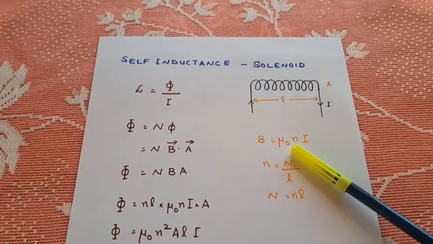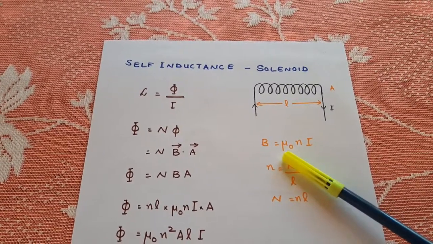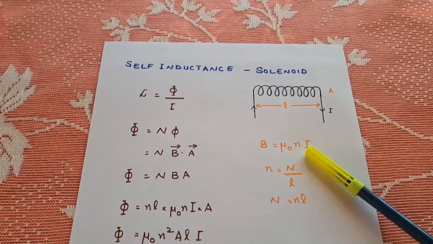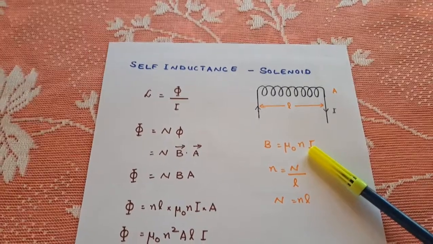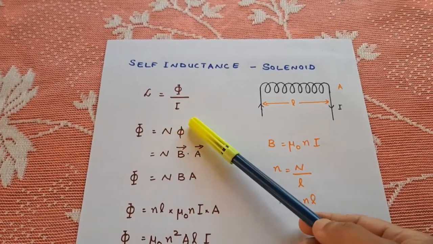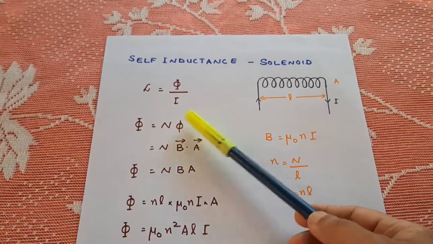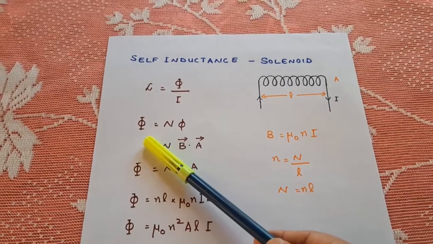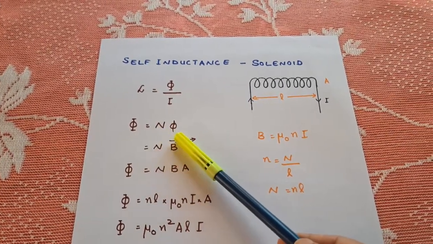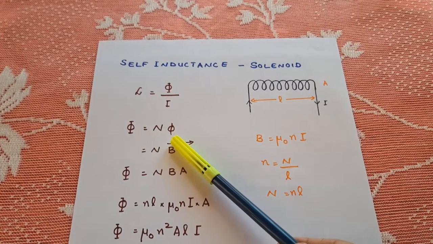The magnetic field inside a solenoid is mu0 ni and is parallel to the axis of the solenoid. Self-inductance is phi by I, and magnetic flux associated with the solenoid is N phi, where N is the total number of turns.